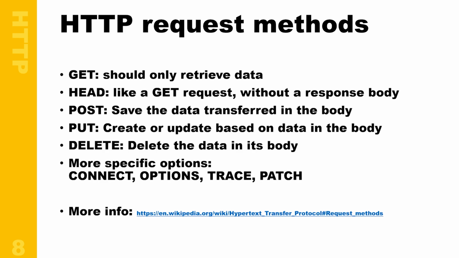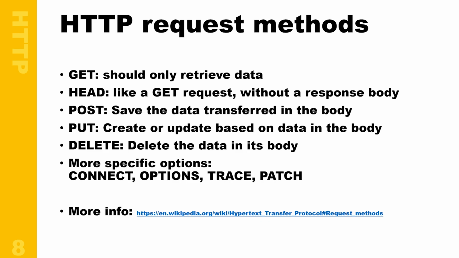Now remember, these are just HTTP requests. It is up to the backend to actually act upon them. If you get a DELETE request in your home-coded API and you don't delete the data, well, that's on you. It's just an easy way to recognize the requests that are coming in and act on them based on the request method itself.